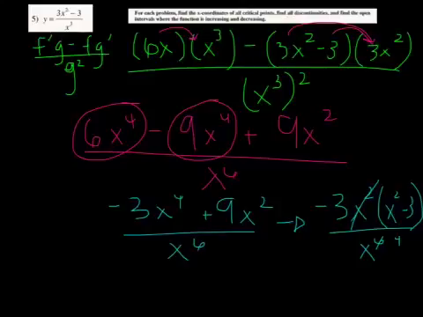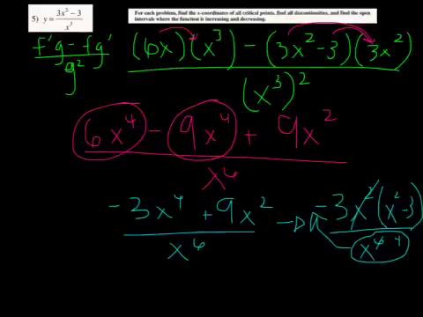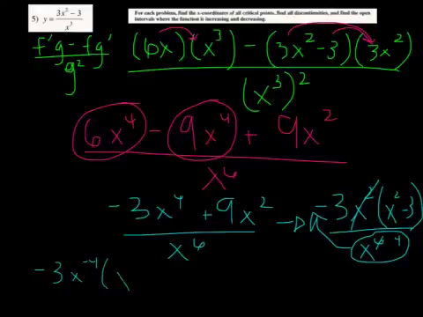So the next thing you do is you can bring this x to the top. So instead of being negative 3 times x squared minus 3 all over x to the fourth, it'll be negative 3 x to the negative fourth times x squared minus 3.